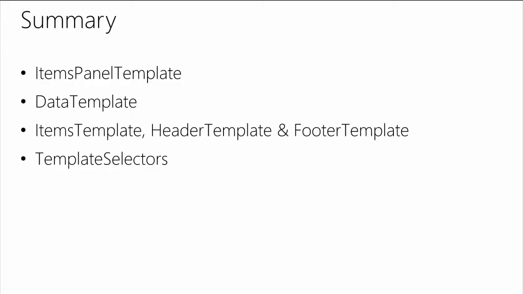Okay, so we've been talking about templates: the header template, the footer template, the item template, the panel template, and all of the ways you might select those based on the logic inside your application, all rolled up inside the items control, where you see things like the list view or the grid view implementing those. We talked about how to do all of the elaborate parts of it, like semantic zoom in the previous module, where you can take these, repeat the data, and show it inside your application in a really beautiful and simple way by declaring them through XAML.